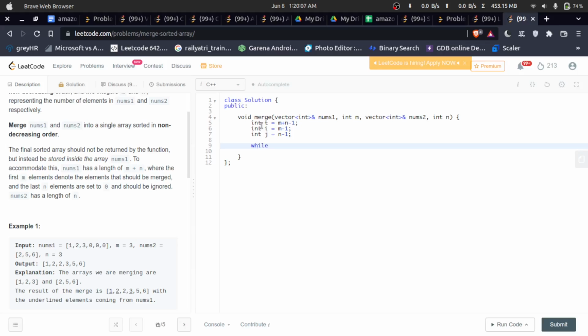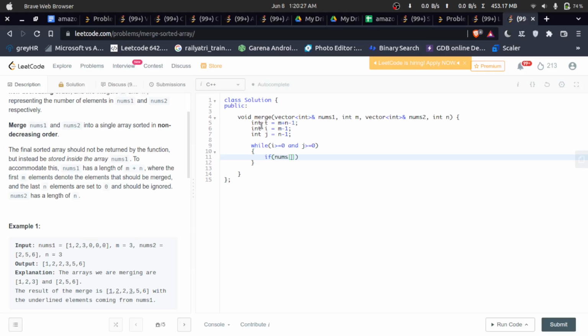So while i is greater than or equal to 0 and j is greater than or equal to 0, both pointers still have values, so I compare them with each other.